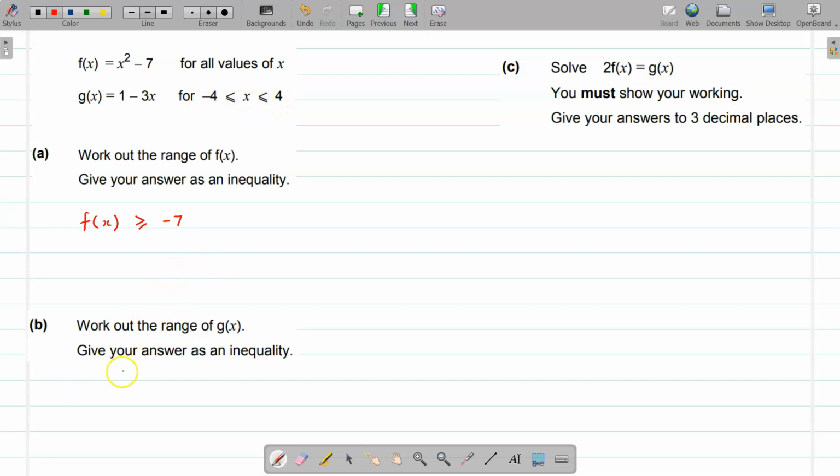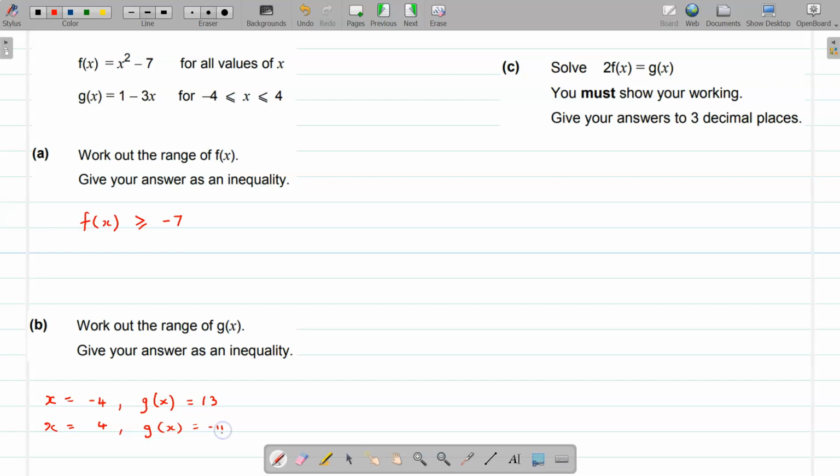So when x is minus 4, g of x is going to be 13, because it's 1 take away 3 lots of minus 4. And when x equals 4, g of x is going to be negative 11.